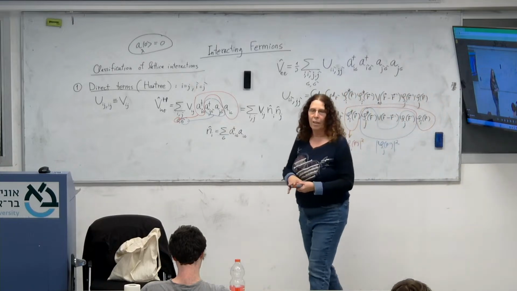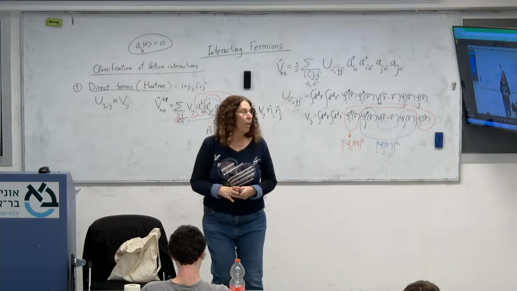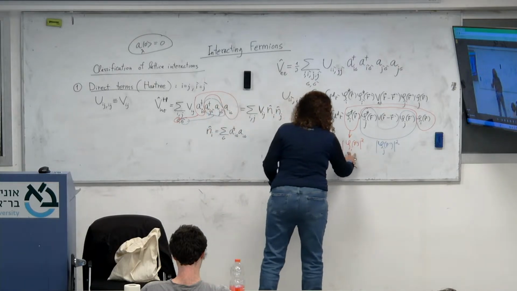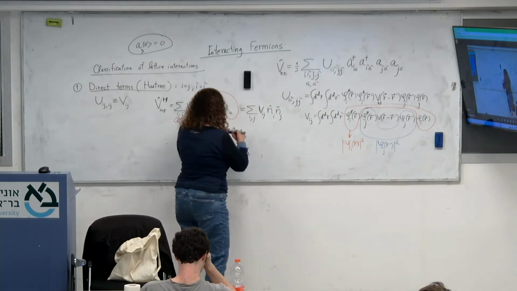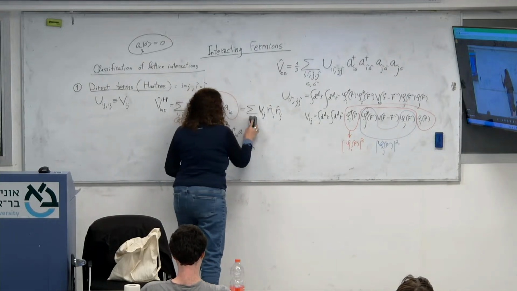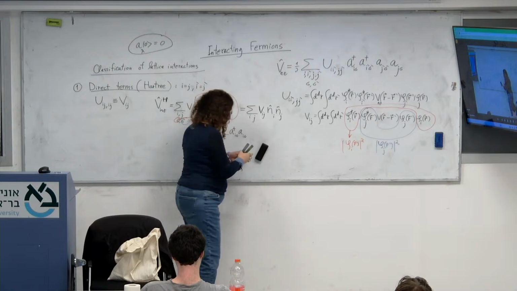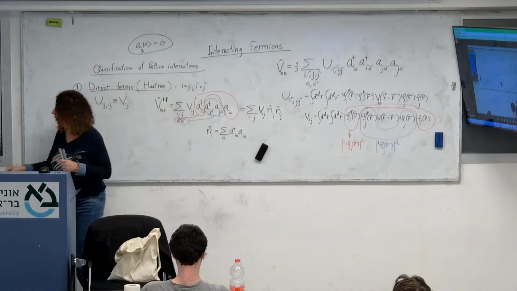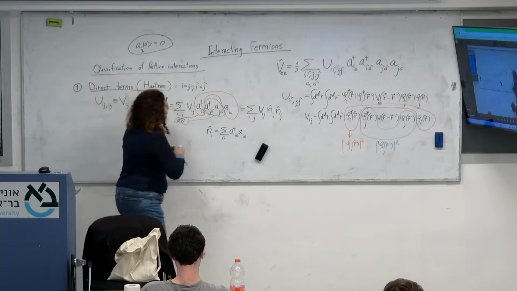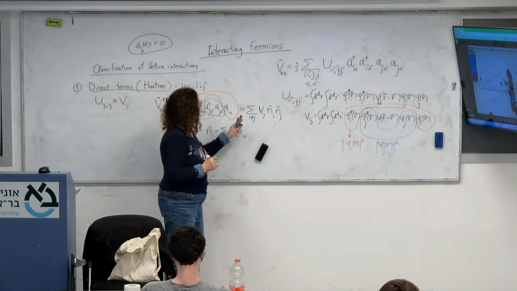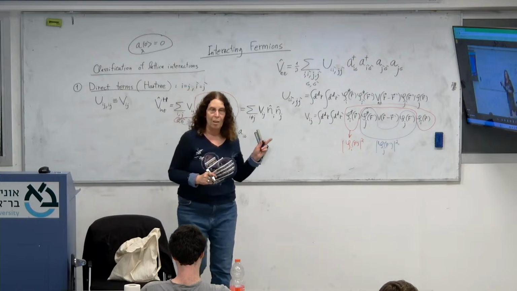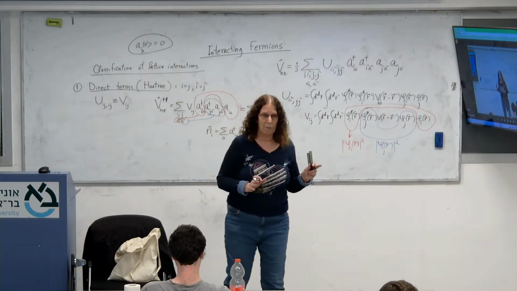So for practical purposes, I should be a little more careful and define it for I different from J, because the case I equals J is special.